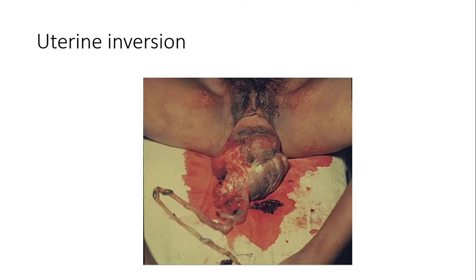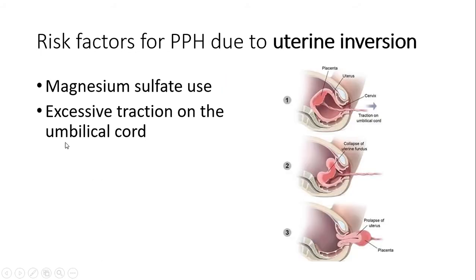The next problem is uterine inversion. On the picture you see a completely inverted uterus with attached placenta and umbilical cord. This lady unfortunately died of postpartum hemorrhage due to uterine inversion. A risk factor for uterine inversion is using magnesium sulfate, which may relax the uterus and prevent premature labor.